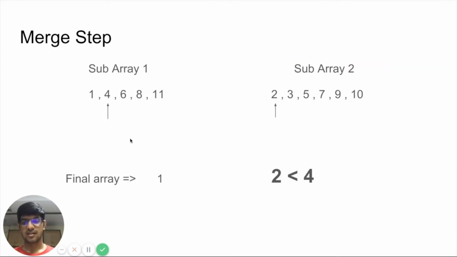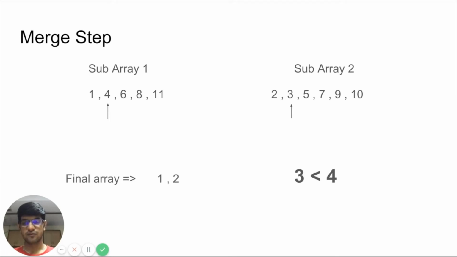In this case, at this point of time, we have to compare 2 with 4. Since 2 is less than 4, at this step, 2 will be included in the final array and the pointer corresponding to the subarray 2 will be incremented like this.